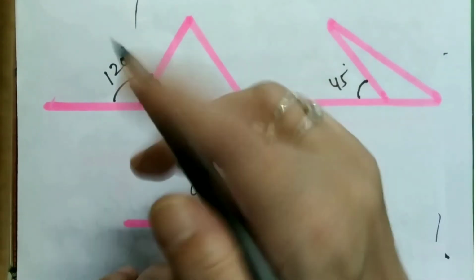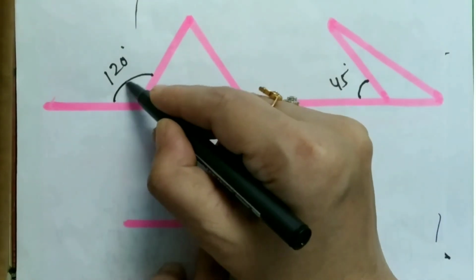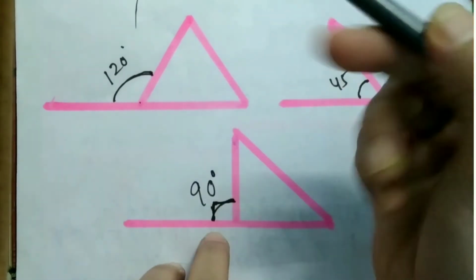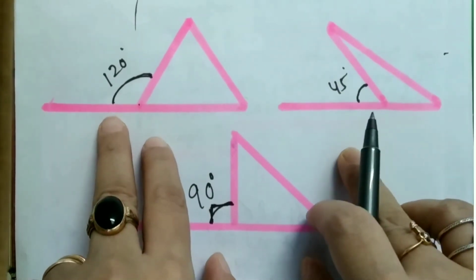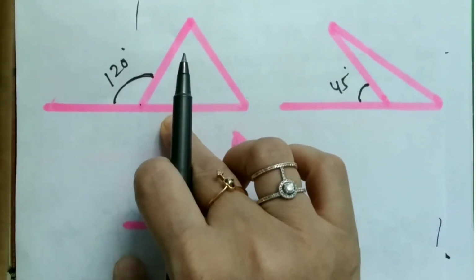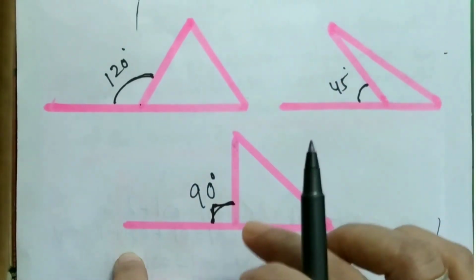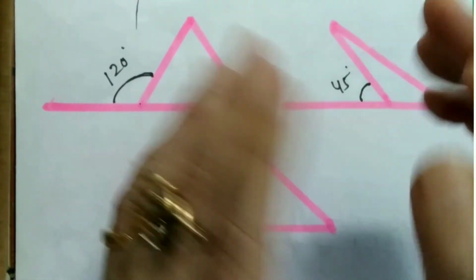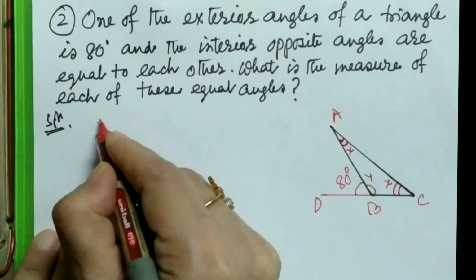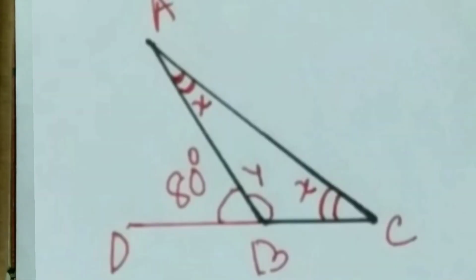This one is 90. And if it is more than 90, and that is 110, 120, 100, then these loops are like this. This is more than 90, this is less than 90, this is 90. And in one of my today's solved sums, I have drawn one exterior angle. You look at this. And in this way we can draw an approximate triangle or angle like this.